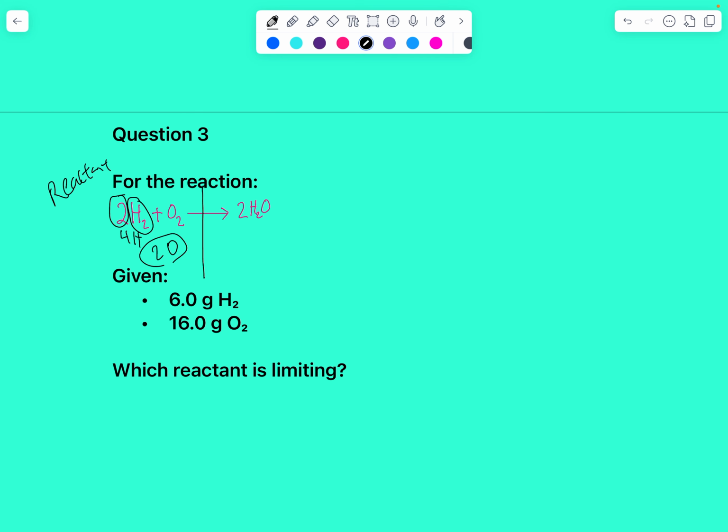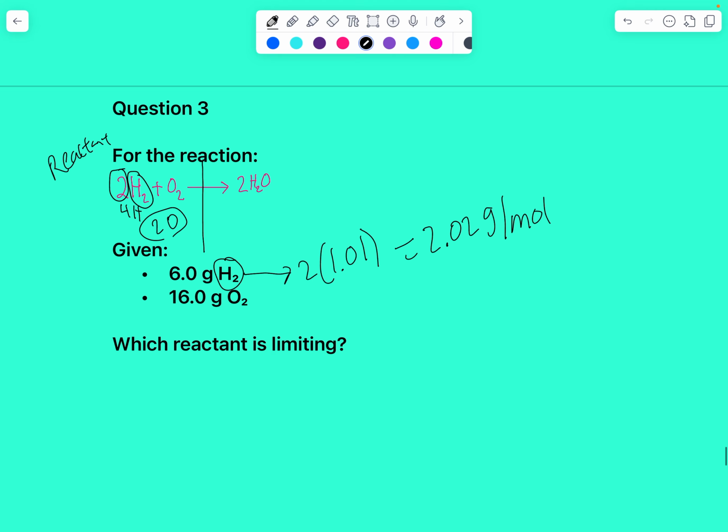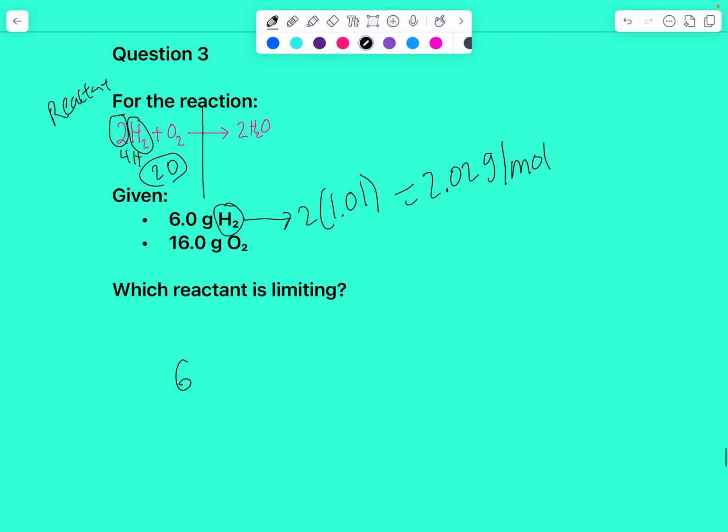First, we need the molar mass of H2, which is 2 times 1.01, which is 2.02 grams per mole. You start with what they give you.